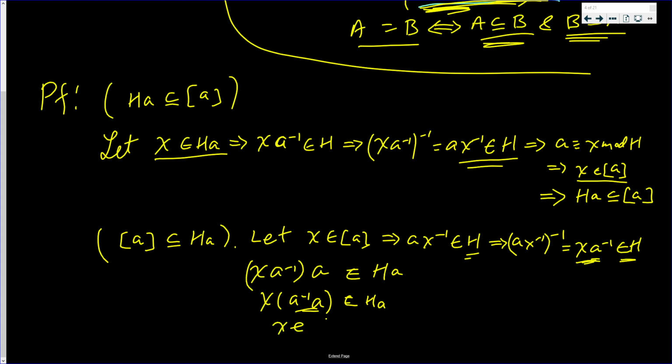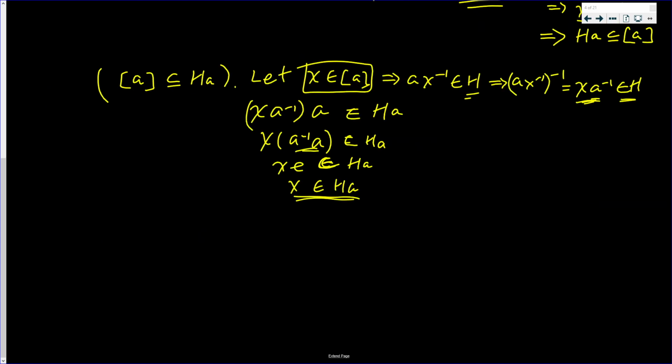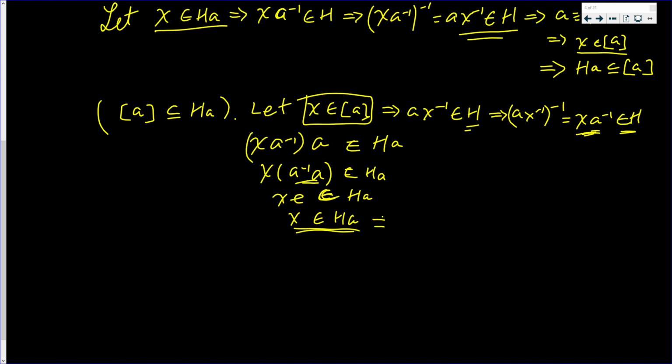So xe is an element of Ha, and x is an element of Ha. Well, if x started in here and we concluded that x is in Ha, what we have is that a in brackets is a subset of Ha.